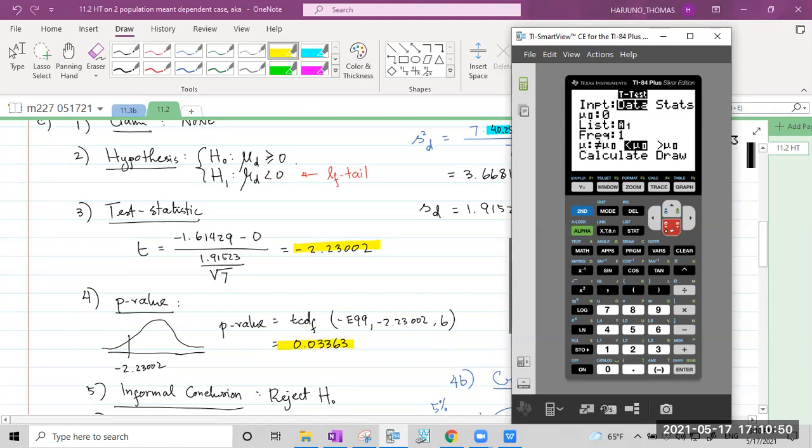How about the list? You use list 3, not list 1. List 1 is the data x. List 2 is data y. List 3 are the differences. And then we do a left tail test, calculate. Now you see we get exactly the same thing.